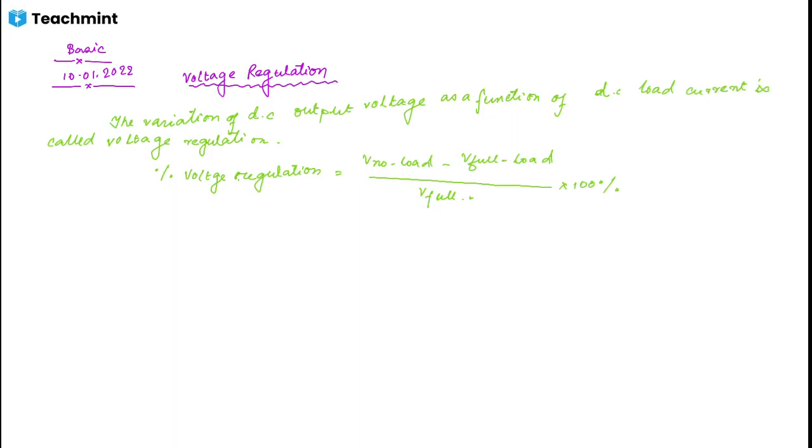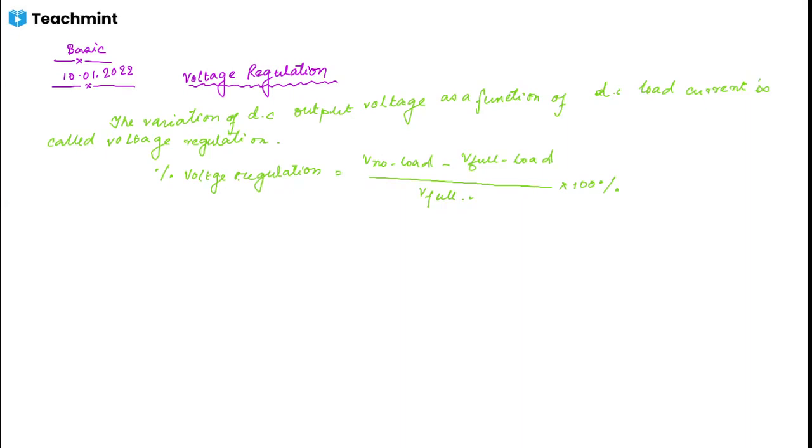What is voltage regulation? Further we can illustrate this by using the Thevenin circuit for a half wave rectifier, where we will see the internal resistance of the power supply, in this case equal to Rs plus Rx.